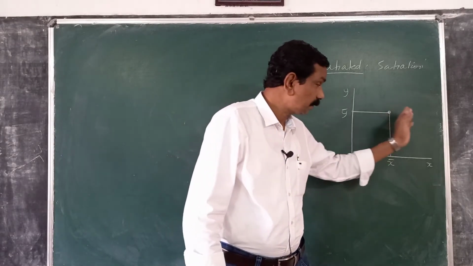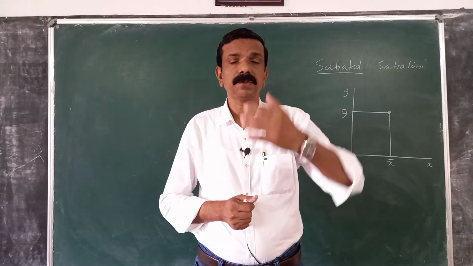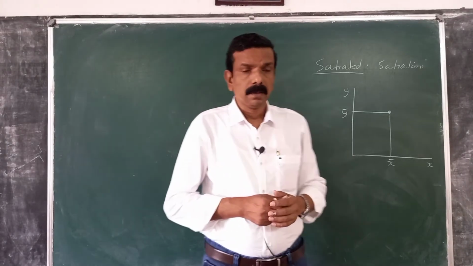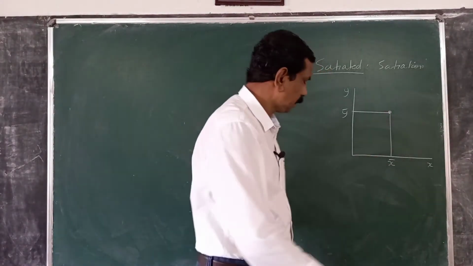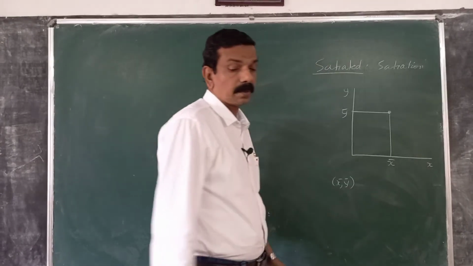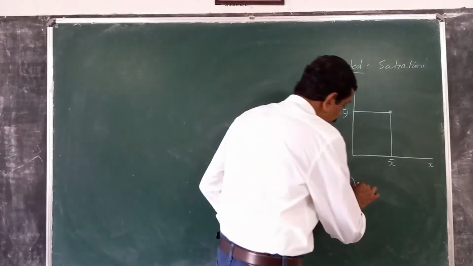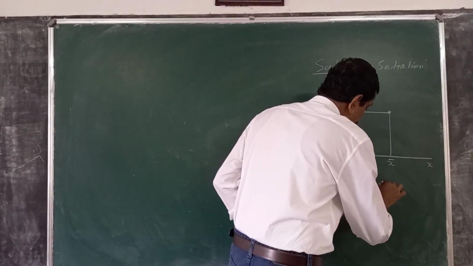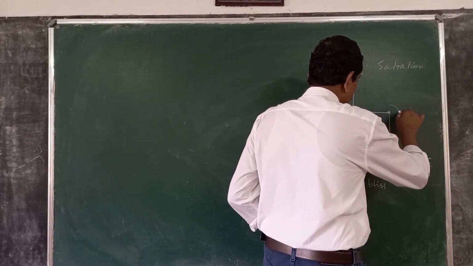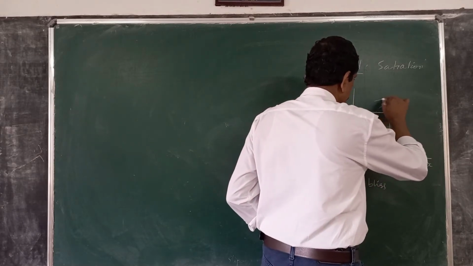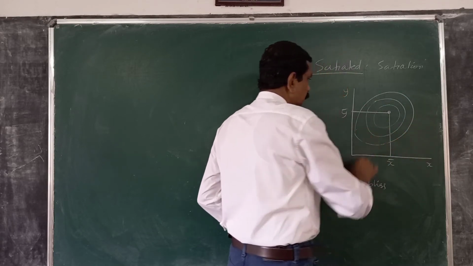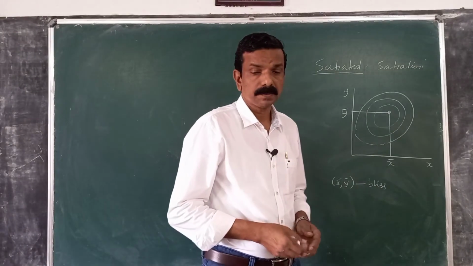The farther away from the bundle, the worse off he will be; the closer to the bundle, the better off. Here we say that the bundle X bar, Y bar is the satiation point or the bliss point.